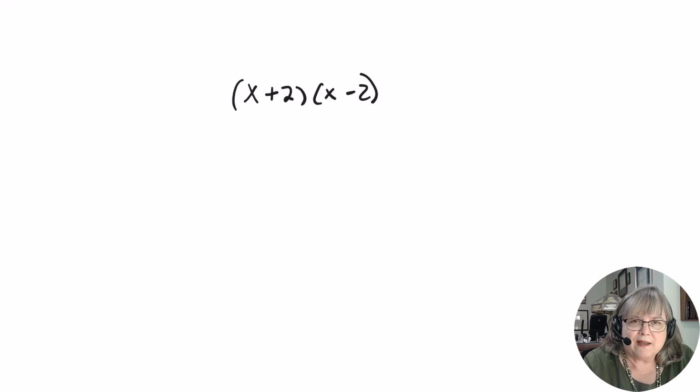And conjugates are two binomials that have the same two outside pieces, both have an x, both have a 2, but one is plus in the middle and one's minus, and when you multiply them out, these two middle terms, the two x's, zero out, and you end up with a difference of 2 squares.